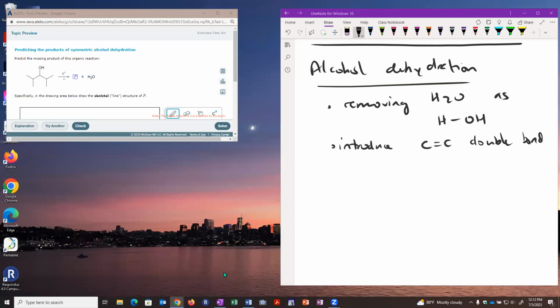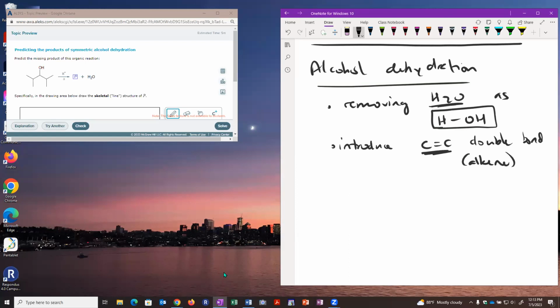Well, if you dehydrate an alcohol, you get back the original alkene. We're going to remove water in the form of HOH, which is the same way which we added water when we hydrated an alkene. And if you take away HOH, you're going to introduce now a carbon-carbon double bond. We're going to turn this molecule into an alkene.